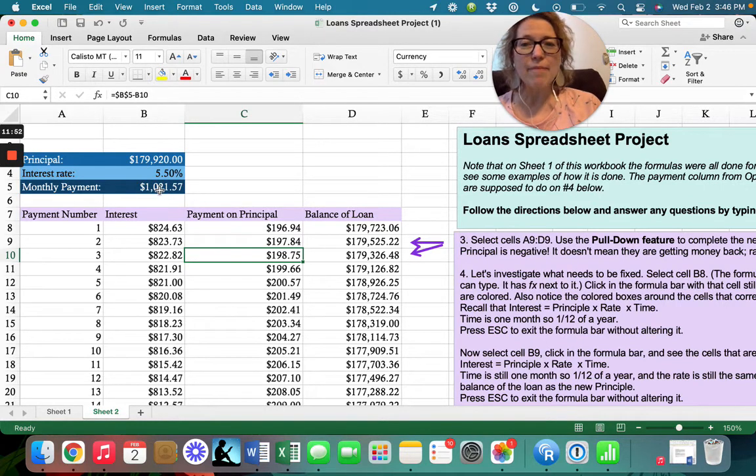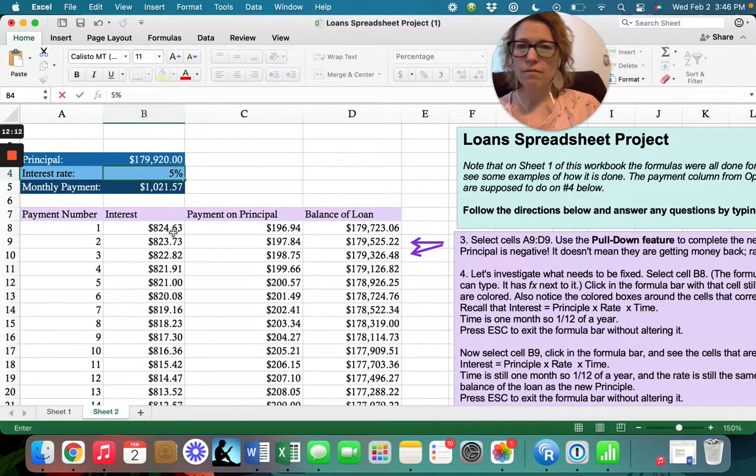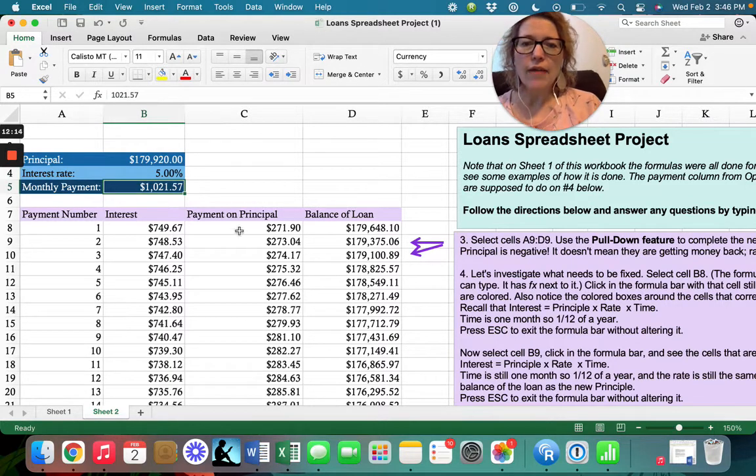I didn't type in those numbers, even though I could have. I referenced the place where it was typed so that I can go back, and if I want to, I could say, well, what if the interest rate was only 5%? So I could just change this, whatever the interest rate is, to 5%. Enter. And the whole thing adjusts.